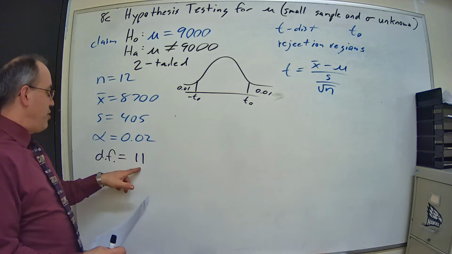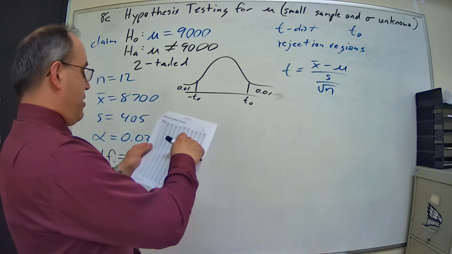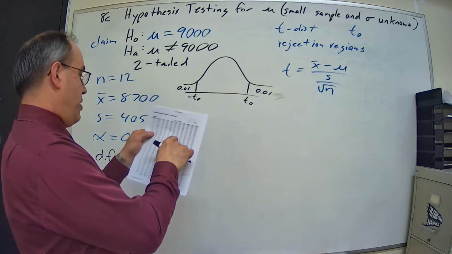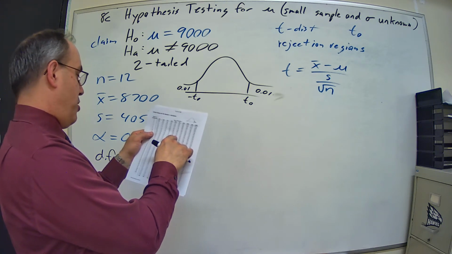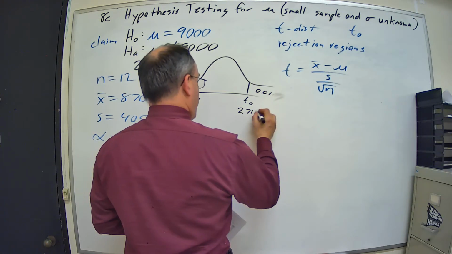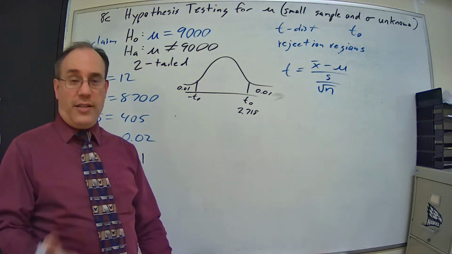Then we go down to the row with the correct degrees of freedom, 11 degrees of freedom. So we come down and we get 11 degrees of freedom with 0.01 for our upper tail probability. We have 2.718. The t-distribution will always give you positive values.